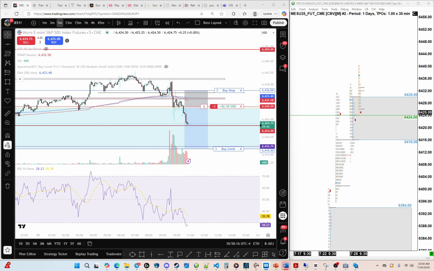If we break below 64.24, I think we'll fly straight to 64.16 here.